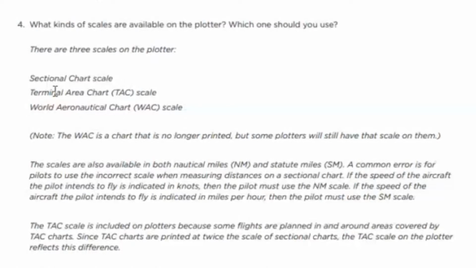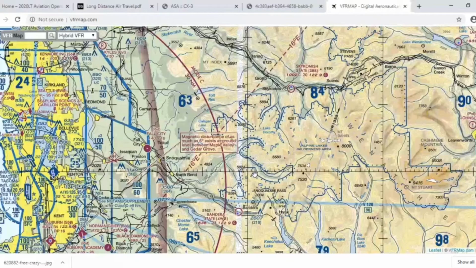One of the things to know about the plotters is that when you're trying to measure distance, you have to make sure you're using the appropriate scale. A sectional chart like we see here, the scale is 1 inch equals 500,000 inches. It's 1 to 500,000. But there are other types of charts out there. We have terminal area charts, which are a little bit more zoomed in, and they have a lot more detail because you're going to be operating in, say, a busy class Bravo airspace, and they're 1 to 250,000.